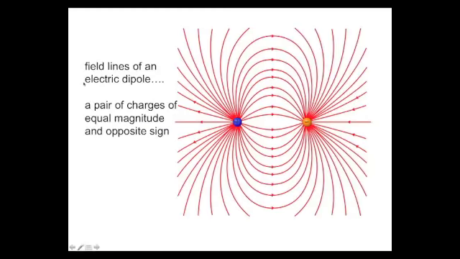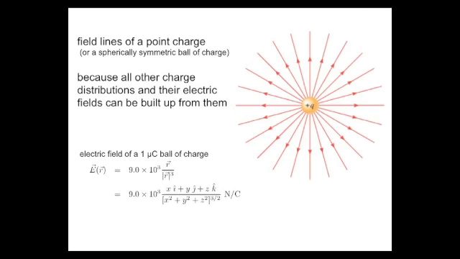Another important field is the field of the electric dipole, a pair of charges of equal magnitude and opposite sign. The most basic field of all is that of a point charge or a spherically symmetric ball of charge. It's important because all other charge distributions and their electric fields can be built up from them. To remind you again, the field lines are not the same thing as the field.